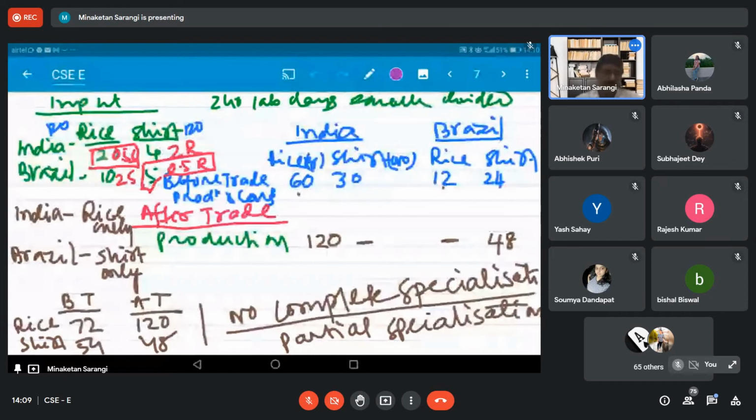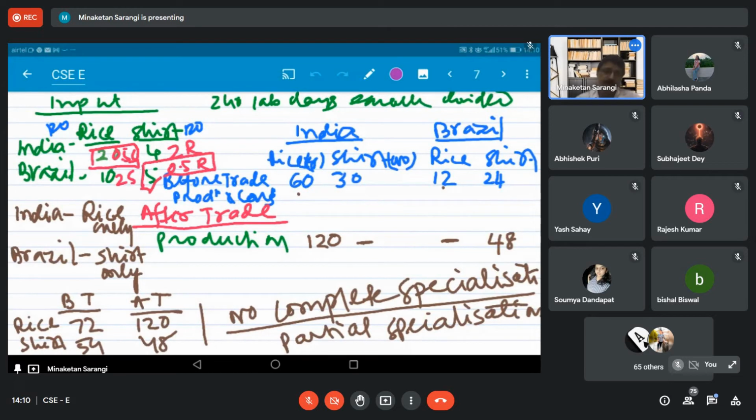So if India and Brazil produce rice and sack respectively, or completely specialize in the product over which they enjoy comparative advantage, then India will produce 120 kg of rice and Brazil will produce 48 units of sack.